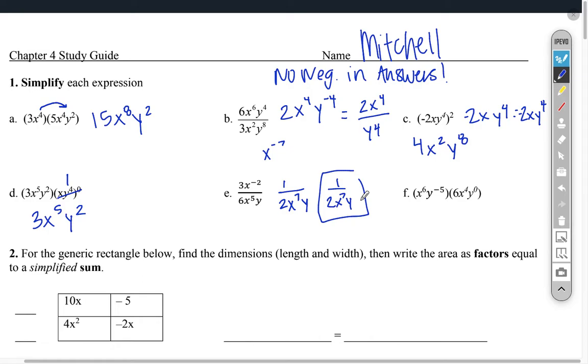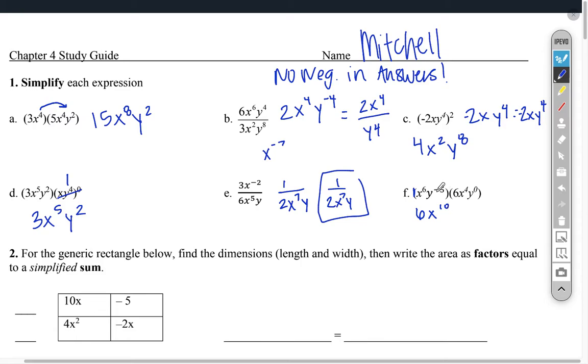All right, and then once again on F, notice there are no plus or minuses that are going to cause us to distribute to more than one term. These are just single terms being multiplied. So we don't have a coefficient, but remember there's an imaginary 1 here. So 6 times 1 is 6. Then we have 6 and 4. So that's going to be x to the 10th power.